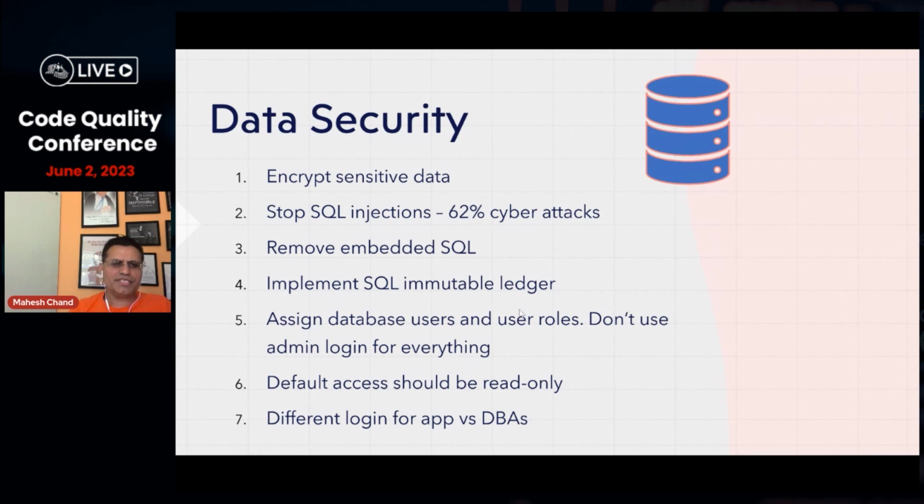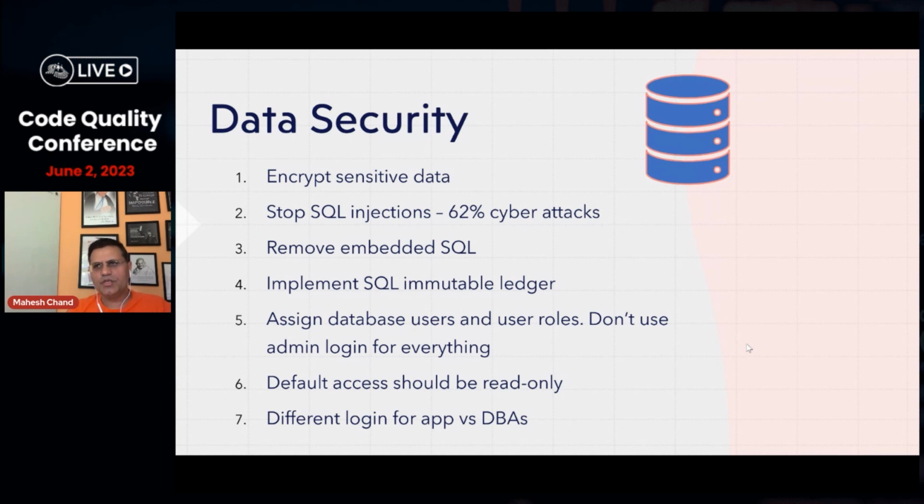So here are 7 tips that I think, as software developers or DBAs or data professionals, if we can implement some of these, this will help, right? So encrypt sensitive data. That's what I look for in any software application.